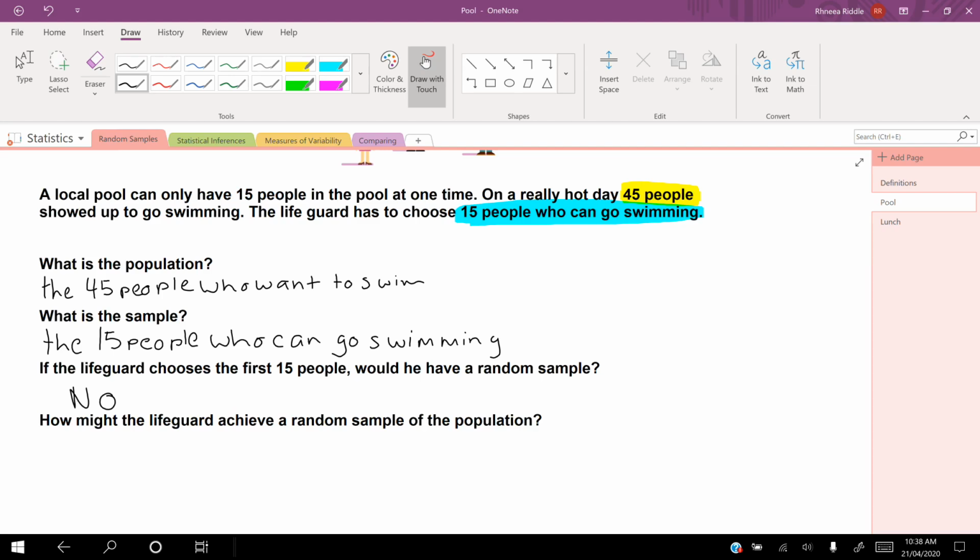So when we think about this, one way is he could put everyone's names in a hat and choose randomly. He could also assign everyone a number and choose a random number.